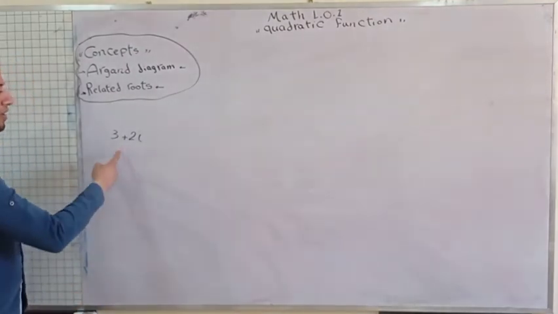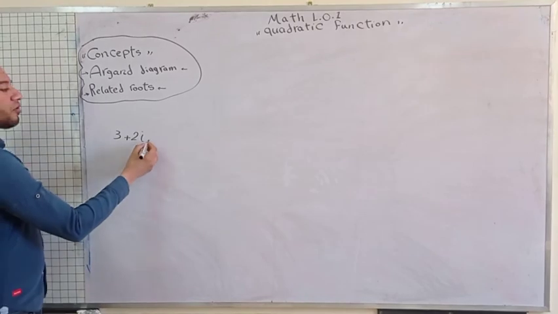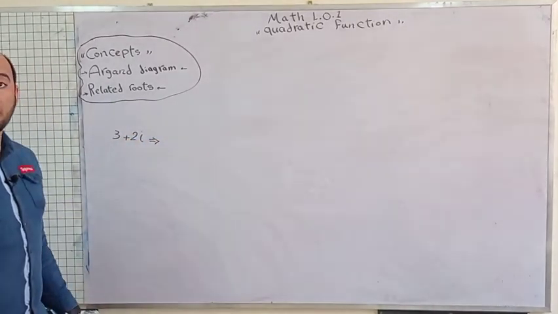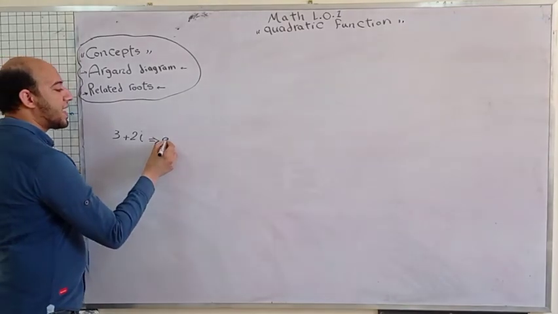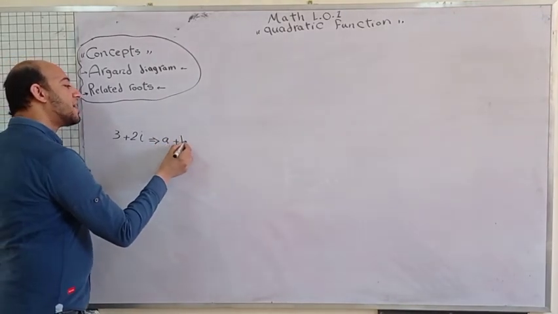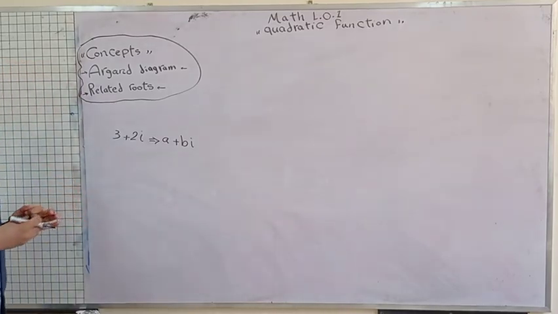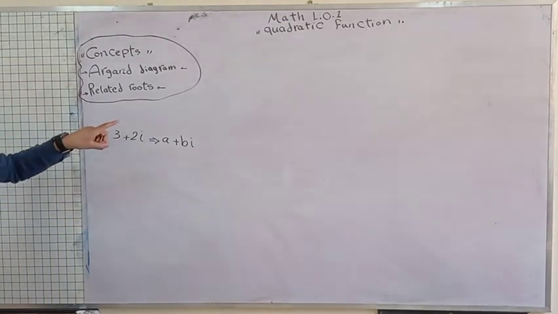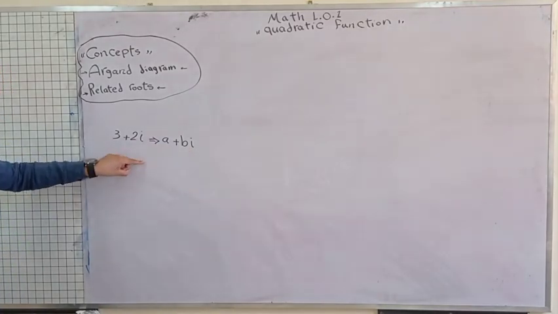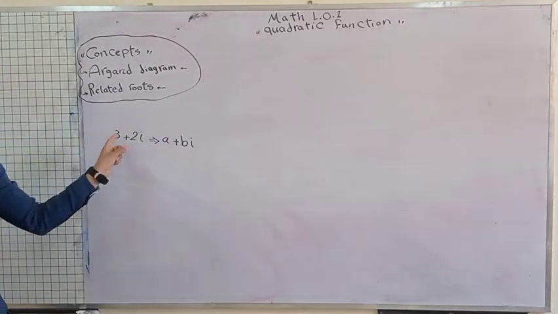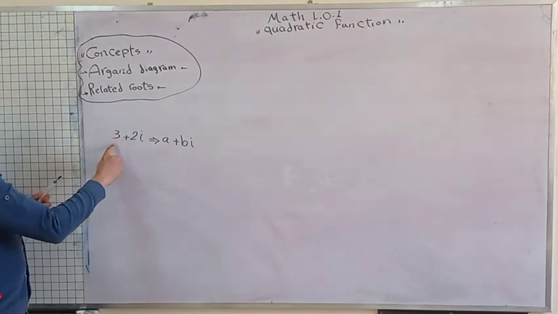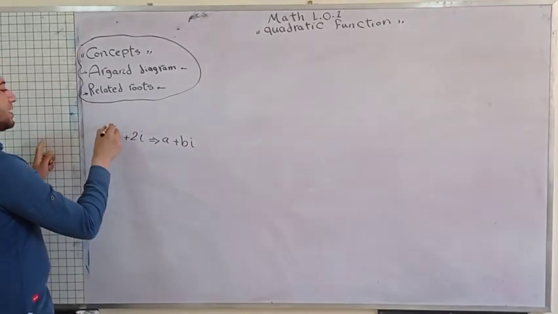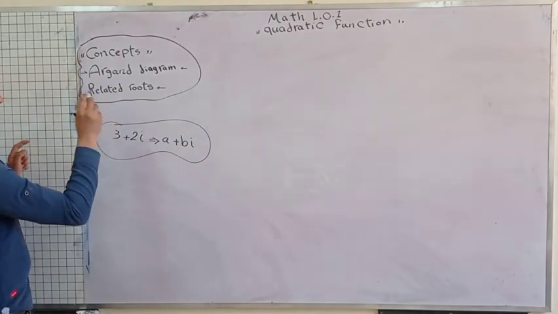The algebraic form of the complex number is written as a plus bi, where a represents the real part and b represents the imaginary part. We will notice here that a equals 3 and b equals 2. This form is the algebraic form.